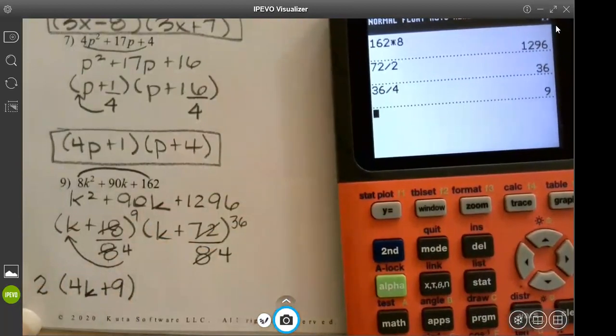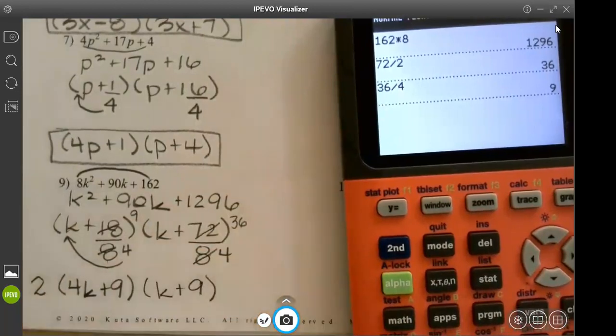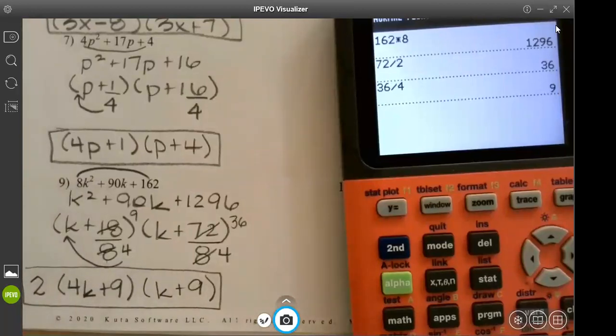And then 36 divided by 4 is 9. So this one's going to be k plus 9. And again, why did we take out the 2? They were all divisible by 2.